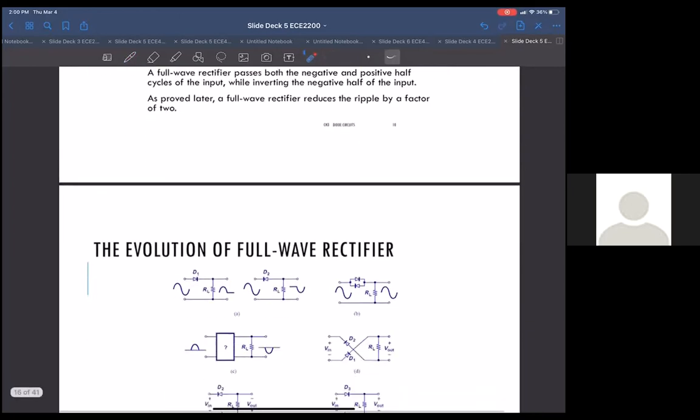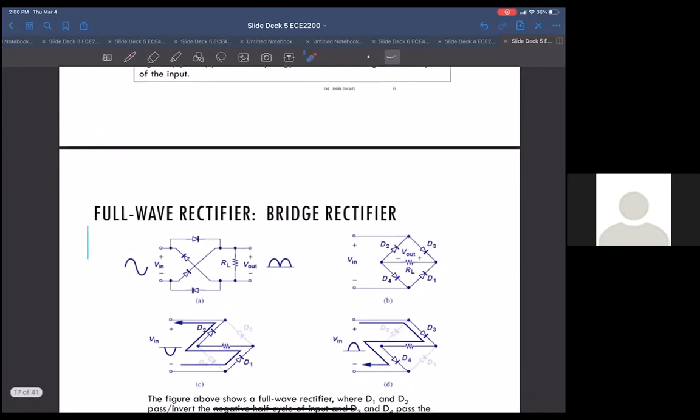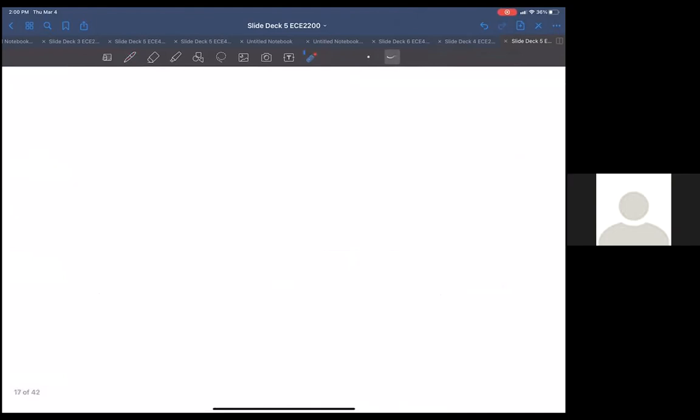So how do we build that? I think it's easier if I draw this for you guys. I'm drawing the same thing that's in the lecture notes, but I'm going to step through it.